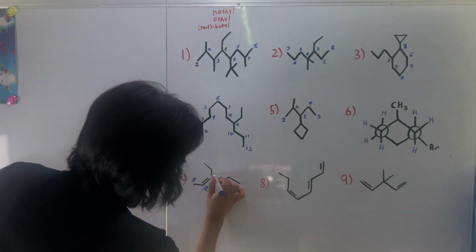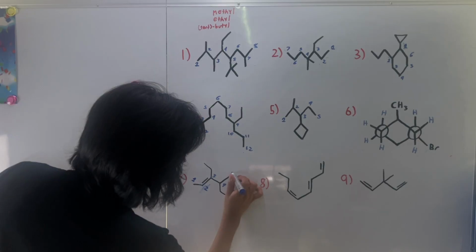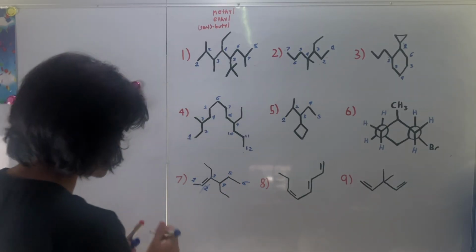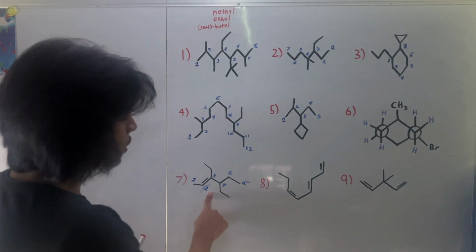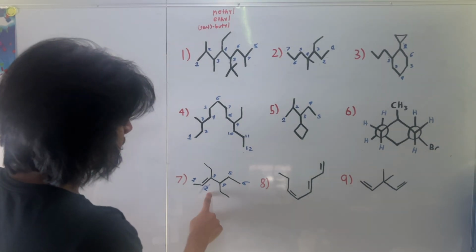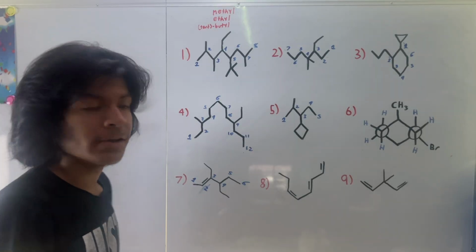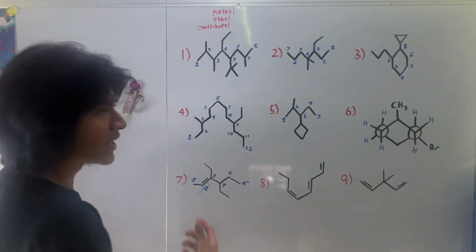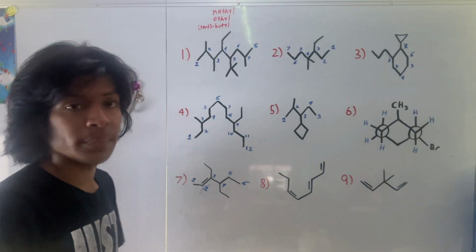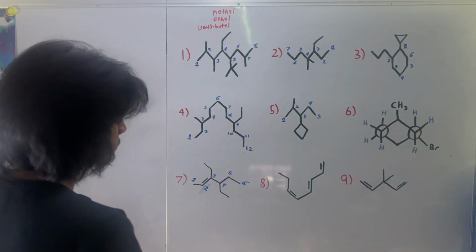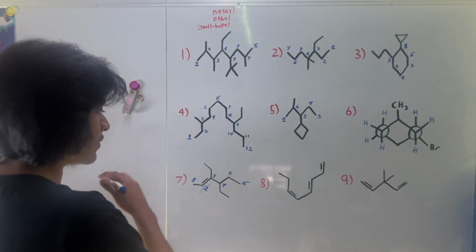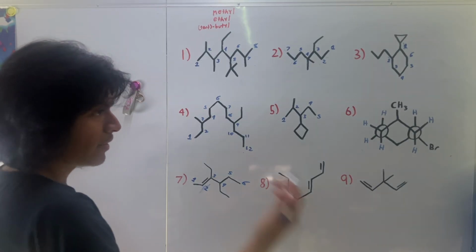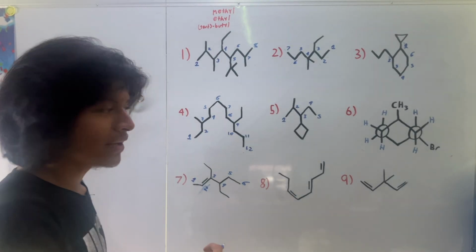So we have 1, 2, 3, 4, 5, 6. Here, as we can see, our double bond is going to start with a 2. So as you'll see in a bit, we're going to include this 2 to indicate where the double bond begins.